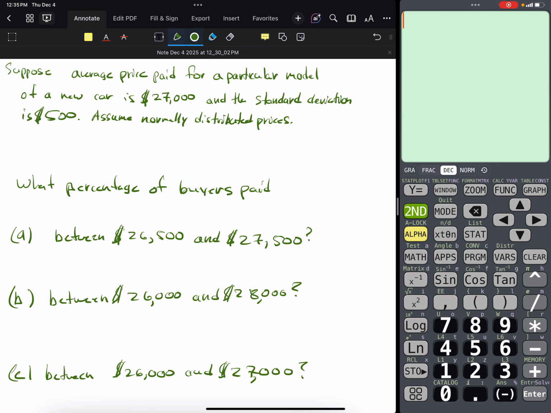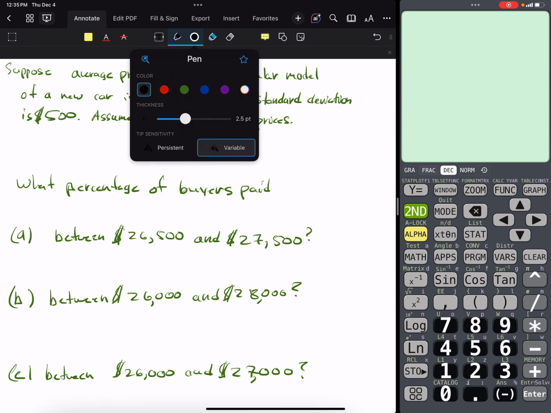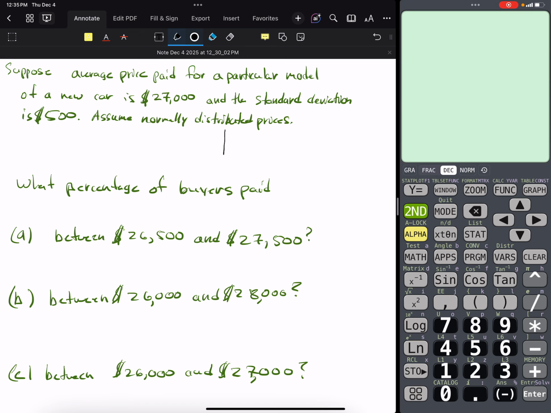Now remember, if we put a normal distribution on a graph, it has this bell curve shape, right? It approaches zero as we go in either direction, and this high point is going to be our average, our mean. The area under the curve is related to the percentage between values.